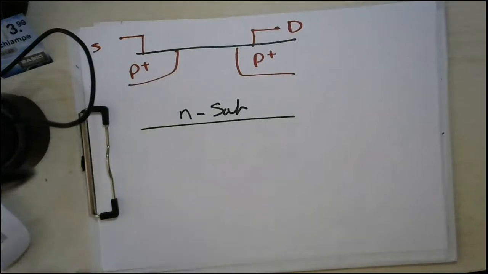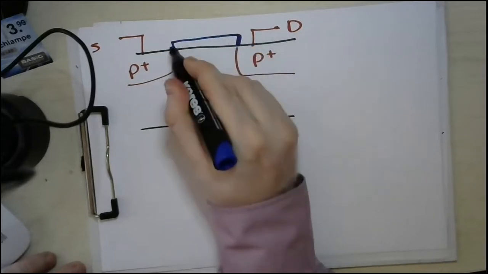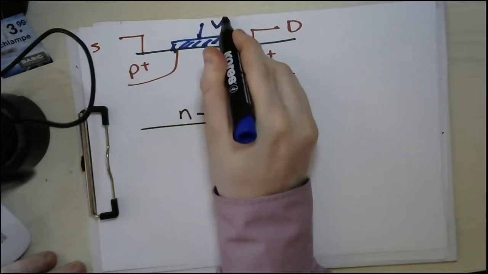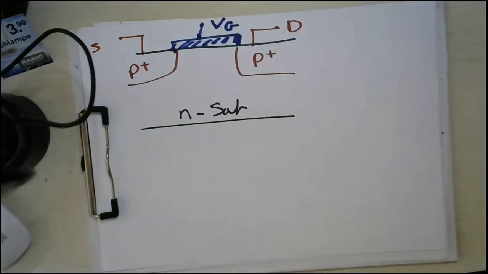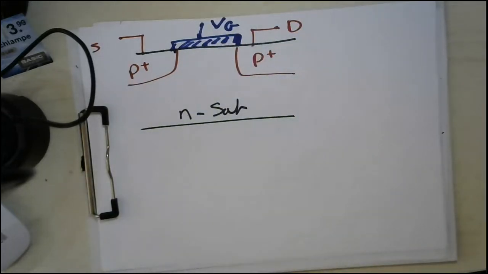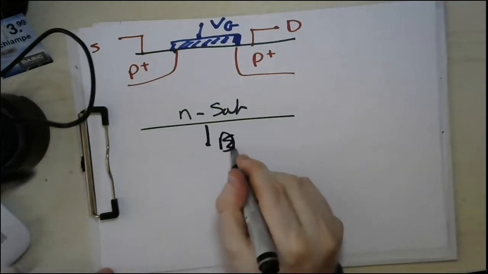Similar to the N channel MOSFET, we have an oxide layer here, where we have the VG or the gate terminal. So again, we have the source, the drain, the gate. Of course, we have the body still. Oh, I'm sorry, this is the body.